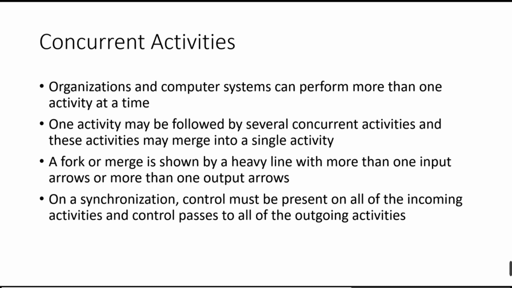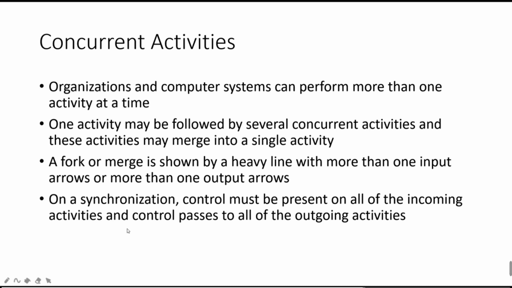Only when all of these concurrent activities have finished can the control pass through the heavy line, meaning the merge line, to outgoing activities. If one activity failed, then the control cannot pass through the merge line to outgoing activities.